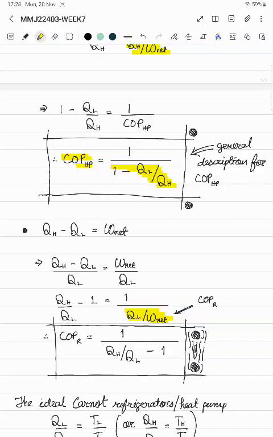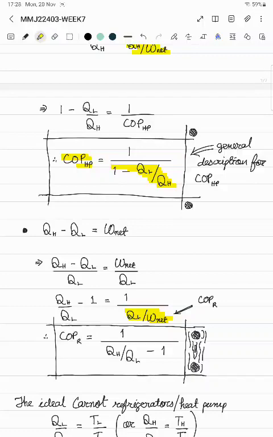The reason I'm showing you this is because in your textbook, page 609, there's a definition of COP_R for Carnot and COP heat pump for the Carnot cycle version, which we will look at later.